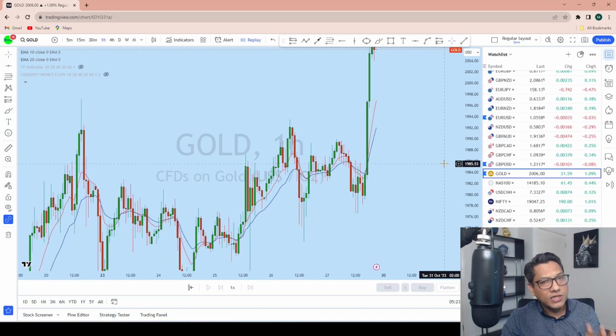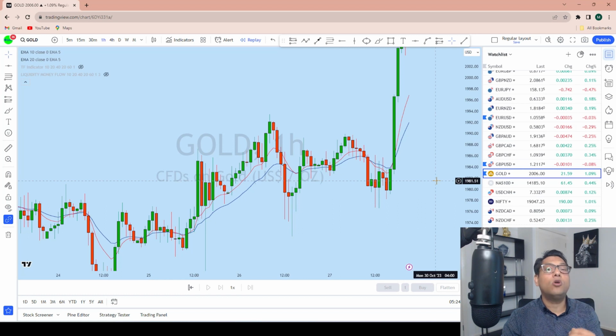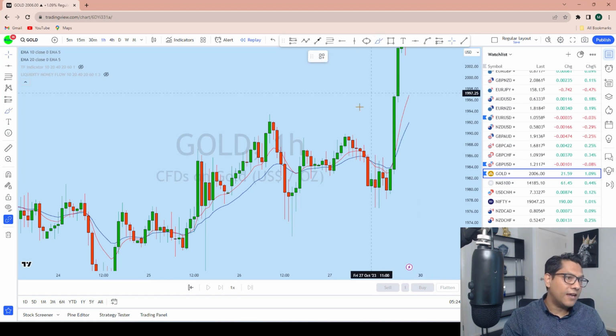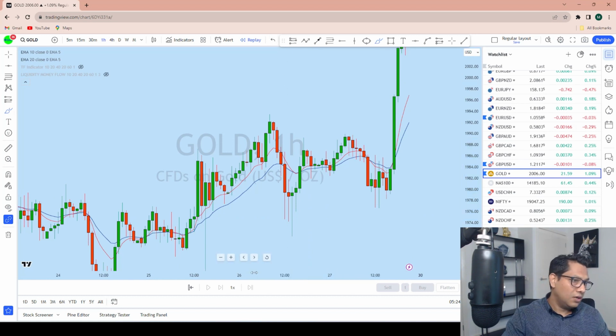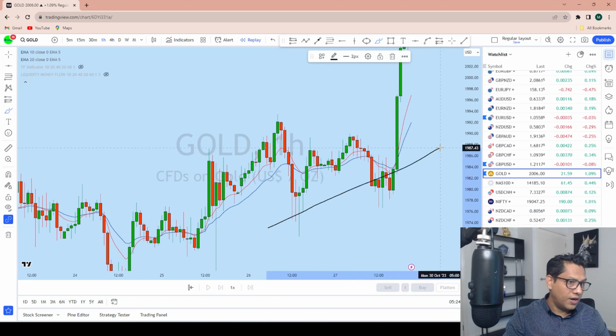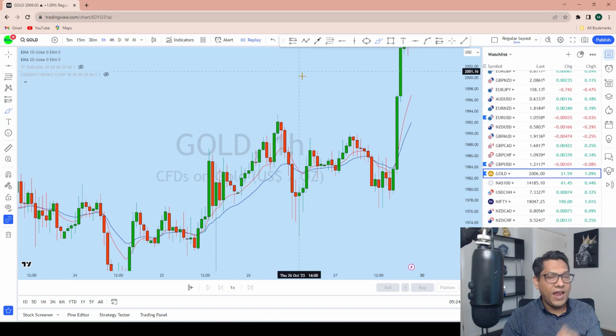Okay, so you will see this over and over in the market. The market did not respect that head and shoulder. It has respected the major direction of the trend. So this is why it is most important not to trade the head and shoulder, but to trade the major direction of the trend.